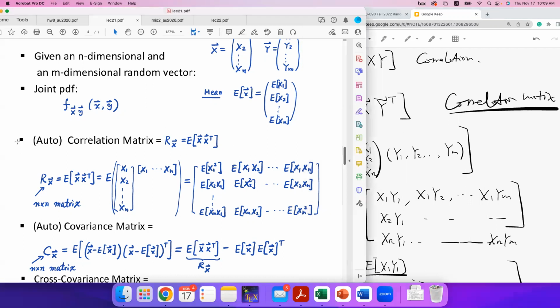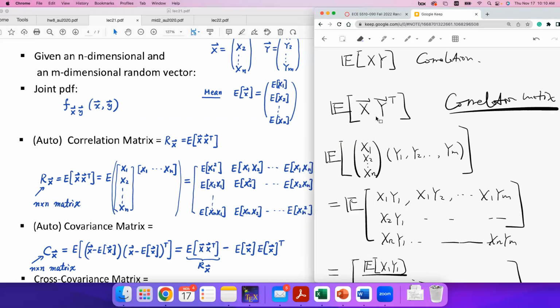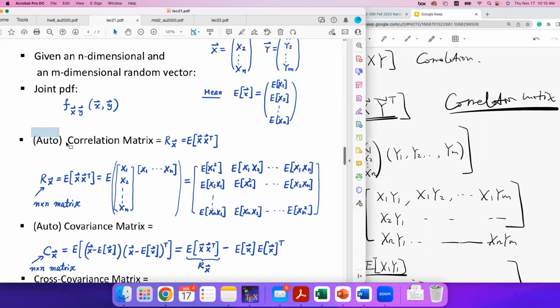Okay. And this correlation matrix is defined for any arbitrary two random vectors, x and y. Here we add an auto in front of this. We call this the autocorrelation matrix when y equals x, when we are looking at X X transpose.